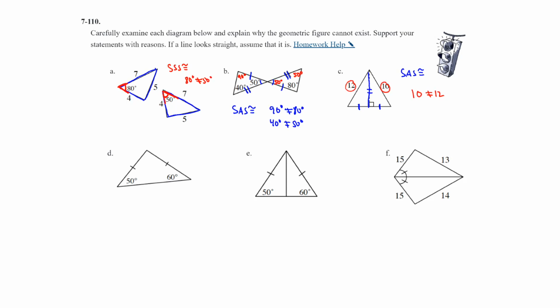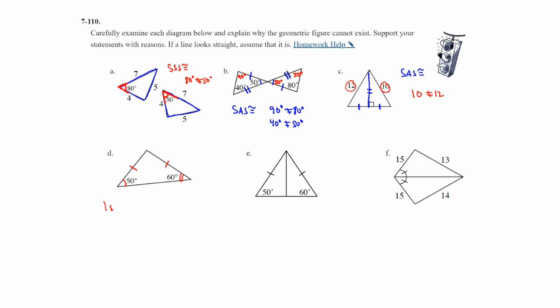On part D, you have a triangle that appears to be isosceles because the side lengths are marked as being the same, but then you look at the angles opposite, and we have a 50 degrees compared to a 60 degrees. So even though the triangle should be isosceles by the lengths, the base angles are not equal.